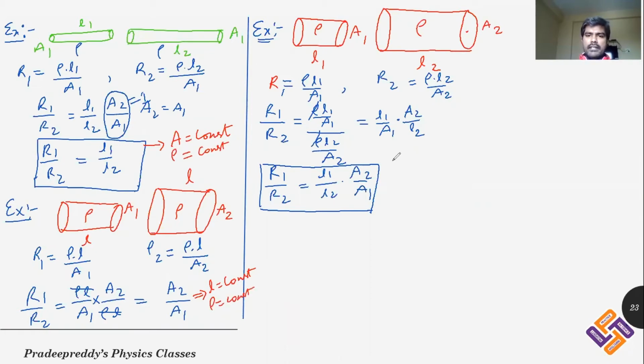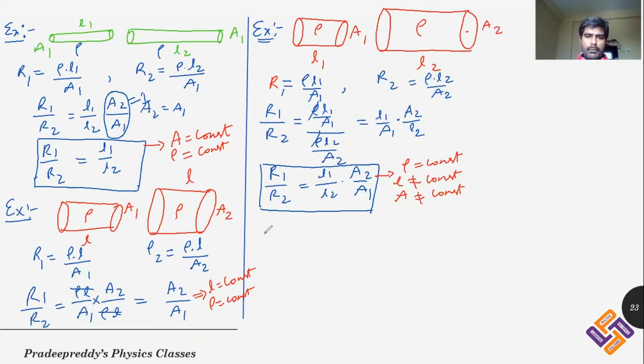And in this third case, rho is equal to constant, but length as well as area are both changing: L not equal to constant and A not equal to constant. So depending on the problem given to you, whether the length is changing or the area of cross section is changing or the nature of the material is changing, based on that you can use any one of these three relations and solve the problem.